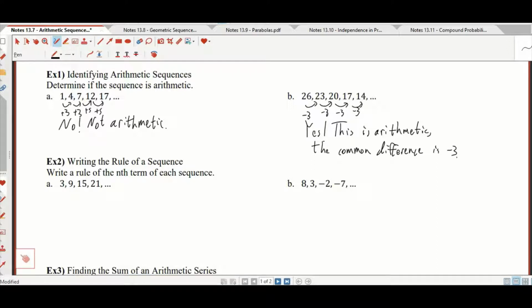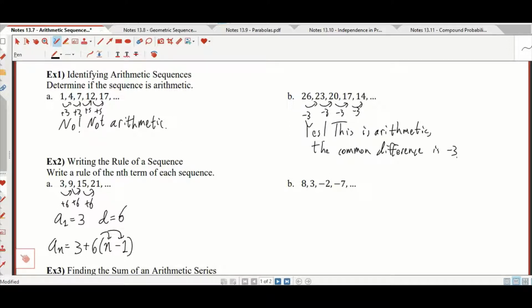So let's write the rule for these ones. So this goes up 6, up 6, up 6. In order to do that, we look for a sub 1, the first term, which in this case is 3, and the common difference is a positive 6. Now remember, the rule goes like a sub n equals your first term plus the common difference times n minus 1.